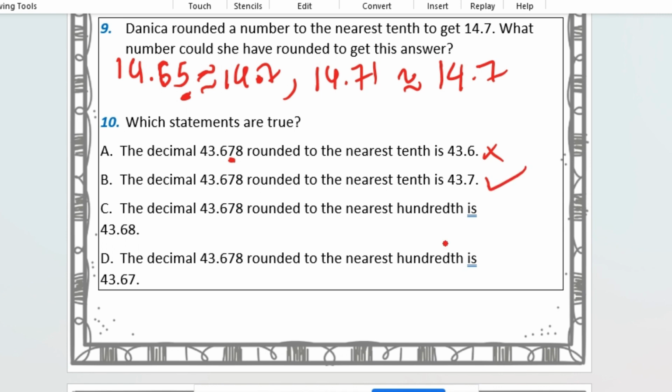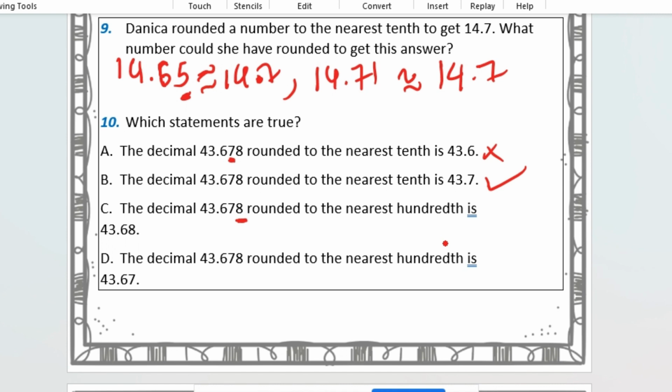The decimal 43.678 rounded to the nearest hundredth. When we round to the nearest hundredth, we look at the third number. And we do the same thing. If the third number is 5 or more, we add 1 and put 0 instead of that number.